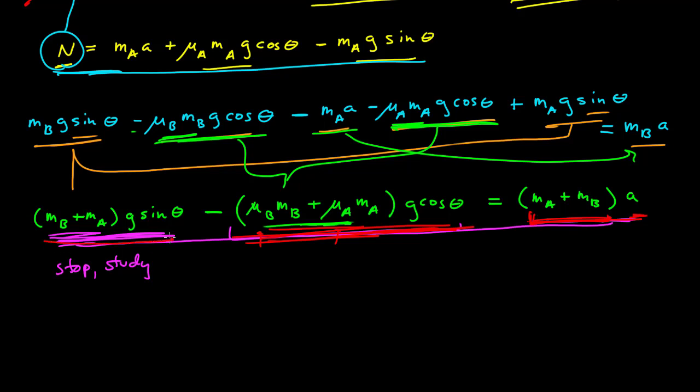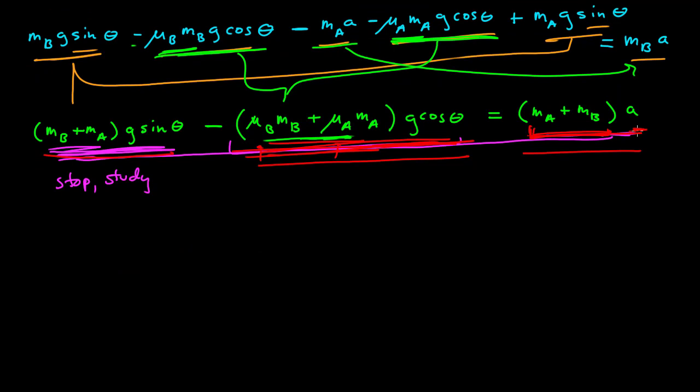There's a gravitational term providing the sliding, and a frictional term opposing the sliding, which gives me an acceleration proportional to both masses. I can now just solve directly for a. That gives me that a then is equal to this. These sort of cancel, and I get a mass term here plus mass b.